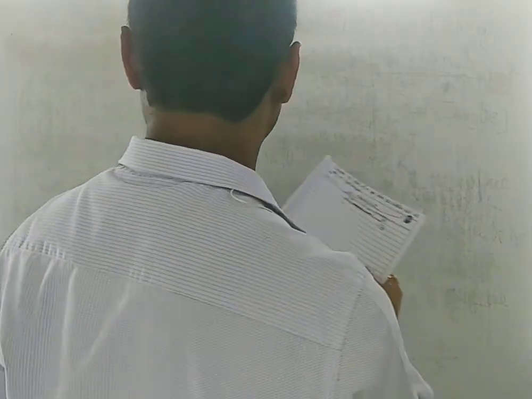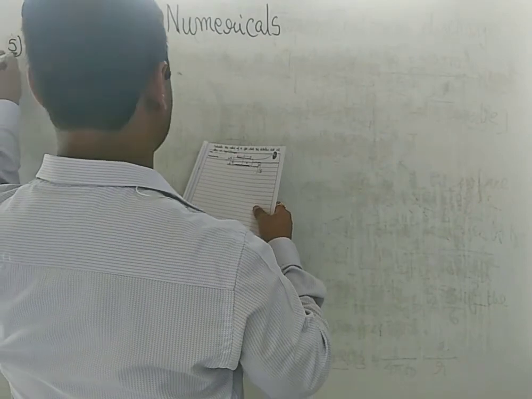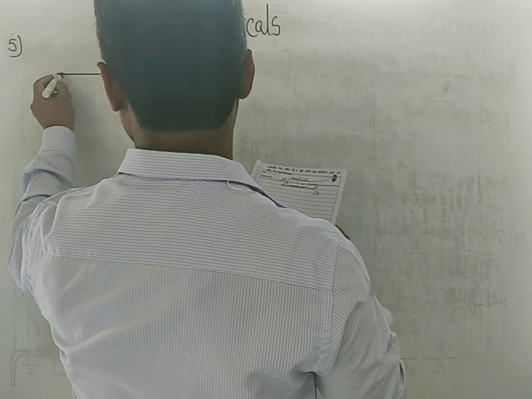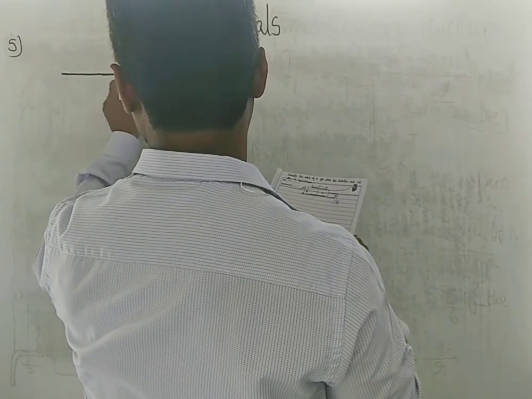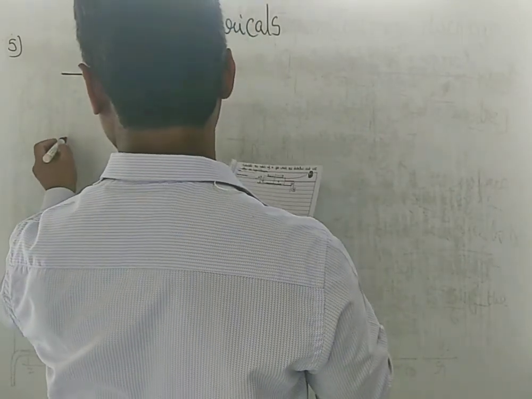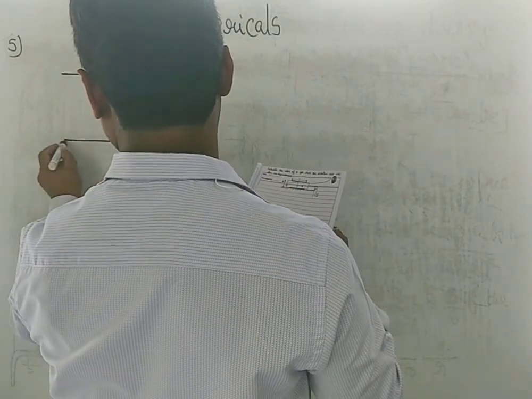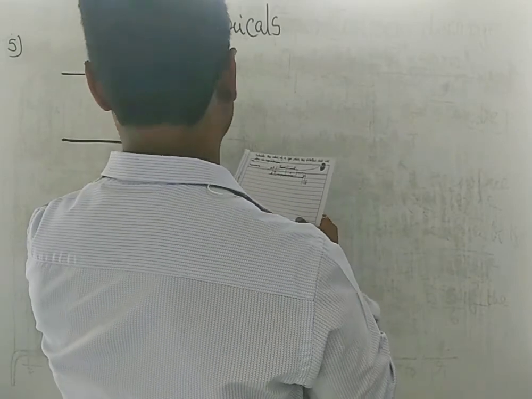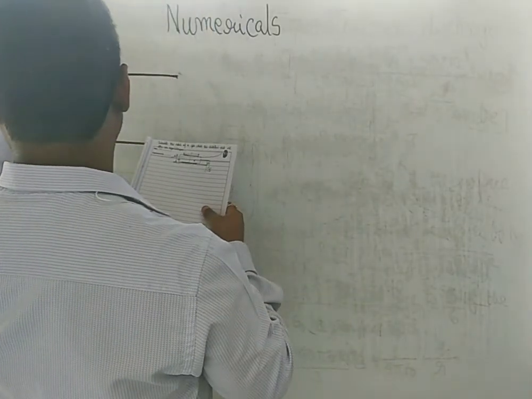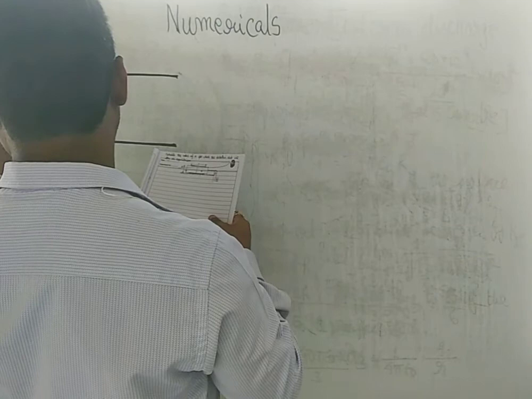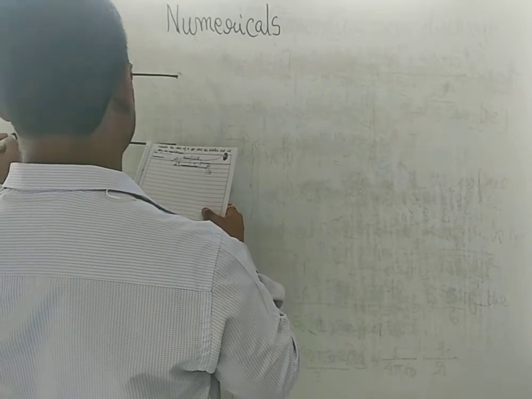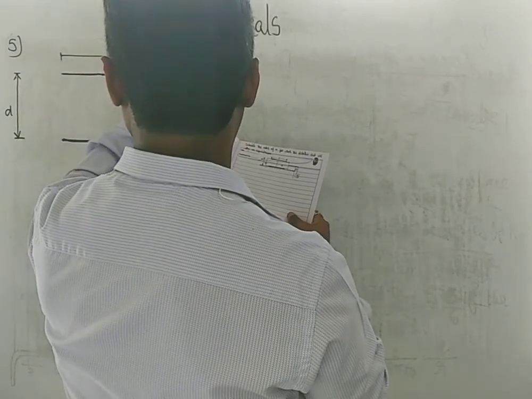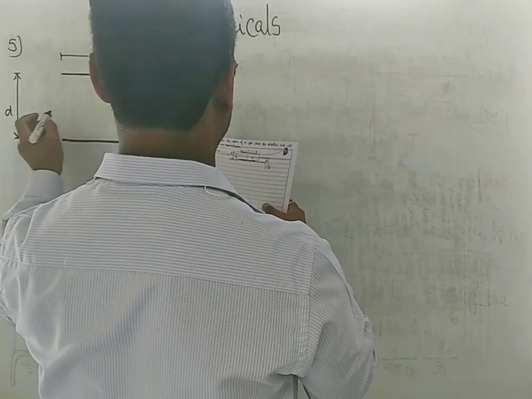So the diagram given here for the fifth question is: these are the plates which are clamped to the laboratory. The plate separation given is D, and this is the length of the plate, L, given.